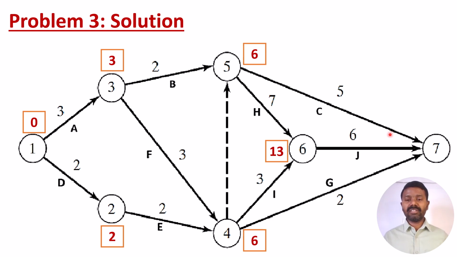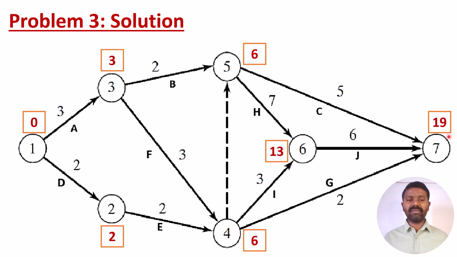Comparing these three paths, this path is giving the maximum time, so we will consider it as the final duration, which is 19. So the total duration it will take to complete the project is 19 days.